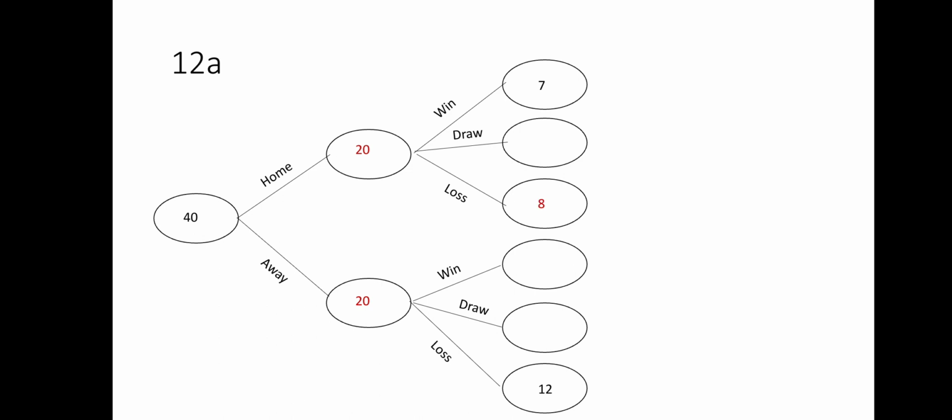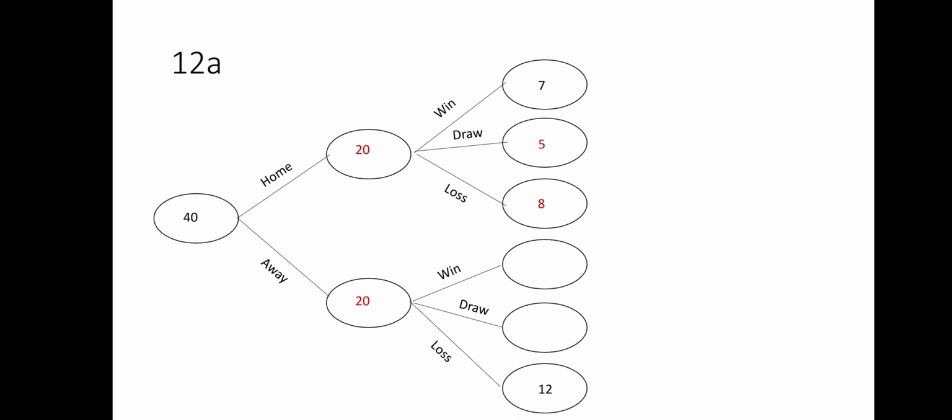Then we can also say that there were 8 losses, because the question says that of the home games, 2/5 were losses, and 2/5 of 20 is 8. And then we can also say that there must also be 5 draws, because we were given that there were 7 wins and 8 losses. So to make the total 20 home matches, there must have been 5 draws.